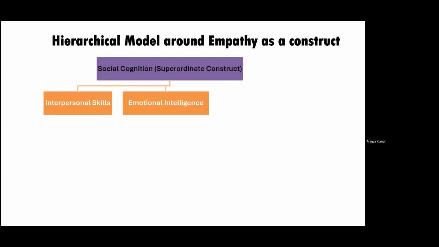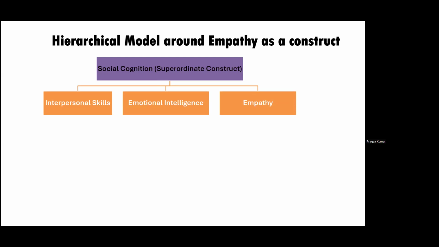The primary constructs are interpersonal skills, emotional intelligence, and the third is empathy. So under this broad construct, there are interpersonal skills, emotional intelligence, and empathy.